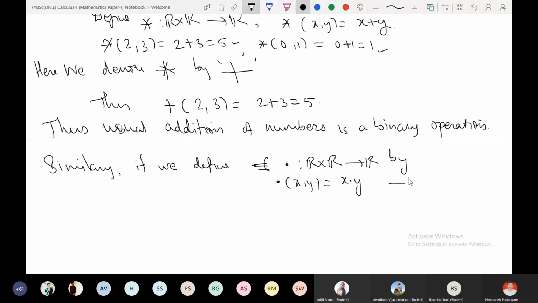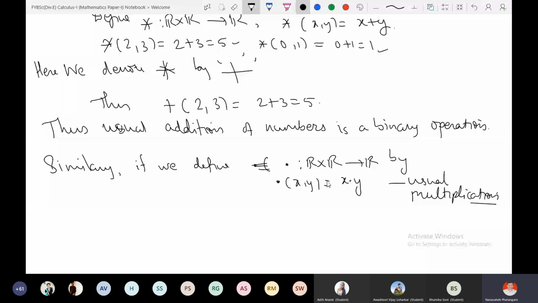Usual multiplication. Is multiplication a binary operation now? Yes. If you want to apply multiplication, you need two numbers. That means you need a pair, and then on that pair we can apply multiplication. So multiplication is again a binary operation.